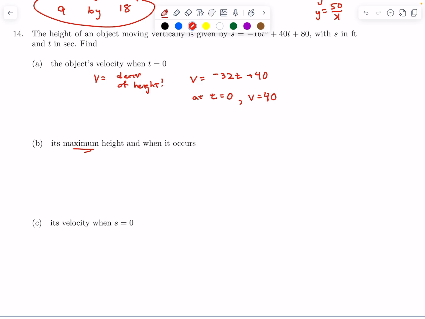Incidentally, this thing, let's see, what does it start at? Oh, look, it starts at a height of 80.